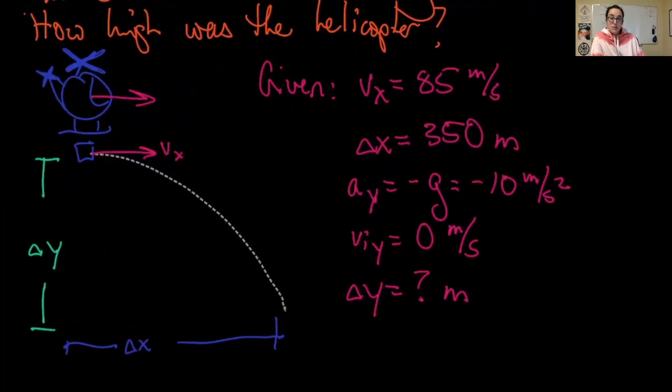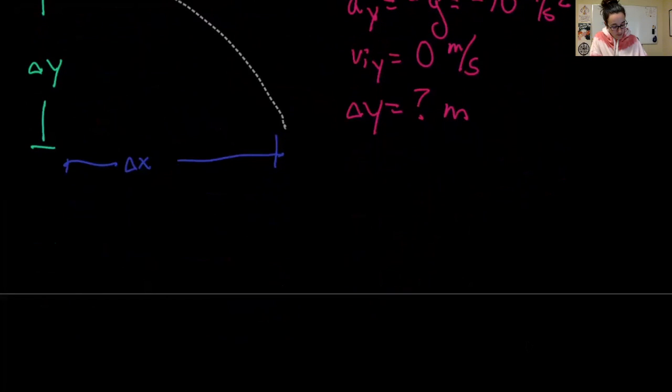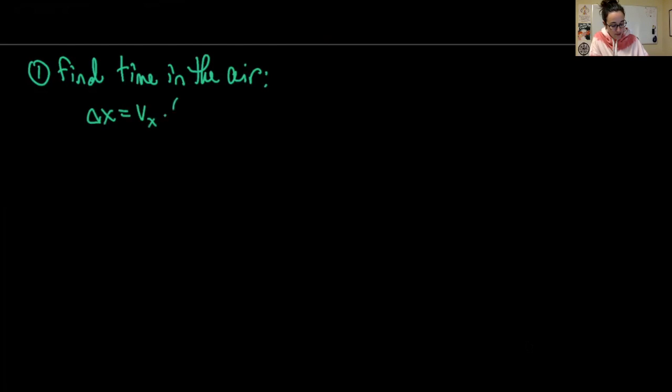Okay, so in this case, we're going to basically do the last problem backwards. We're going to start by finding the time using the x information and then applying it to the y. So again, our first step will be finding the time. So in this case, since we know the x displacement and we know vx, we will use those to solve for time.